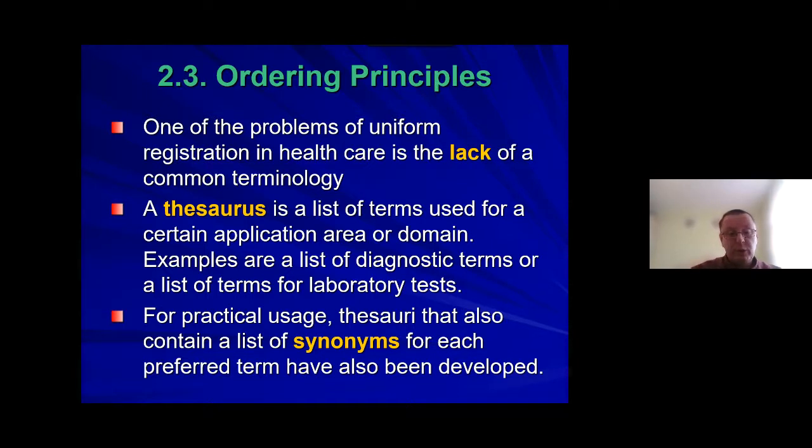So examples of thesauri: a list of diagnostic terms, or a list of types of laboratory results, or medical informatics, which for sure has its own thesaurus covering the terminology most commonly used in medical informatics, for example in our classes, even in this lecture, and so on. So when we are speaking about a specific application area, a specific area of activity, a scientific area, each time it is covered by a thesaurus, by a list of terms which is very commonly used in this terminology.